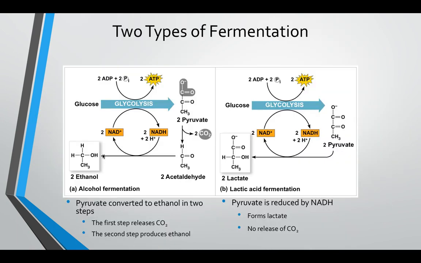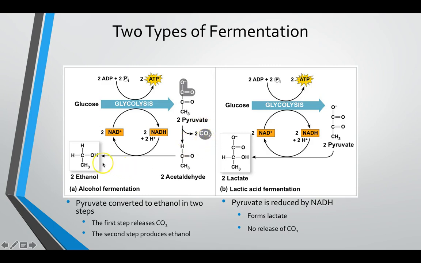When you look at your 2 types of fermentation, you have alcoholic fermentation and lactic acid fermentation. In alcoholic fermentation, pyruvate is converted to ethanol in 2 steps. Alcoholic fermentation also breaks down pyruvate a step further by getting rid of carbon dioxide.